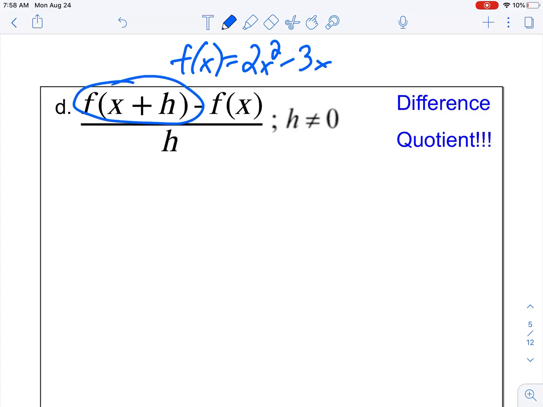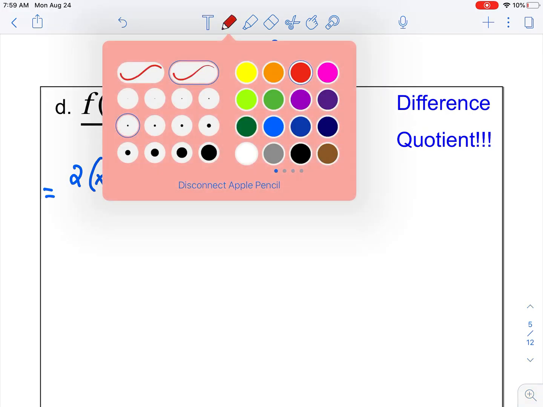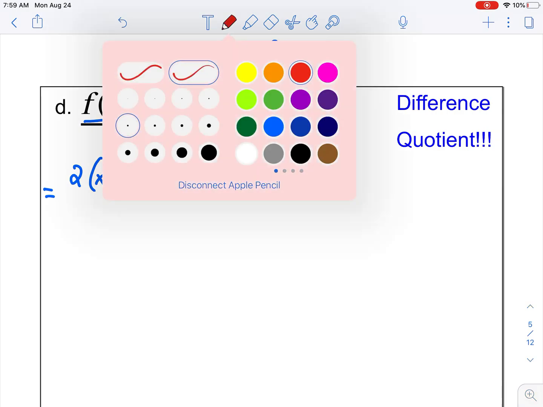This first thing is telling me, like we did in the last problem, to take x plus h and plug it in everywhere I see an x. So this is going to be 2 instead of an x. I'm putting x plus h, minus a 3 and an x plus h. Again, all I did was replace these x's with x plus h. All right. Now I'm going to color code this. Second piece, minus: this was the first piece, now I'm doing the second piece.